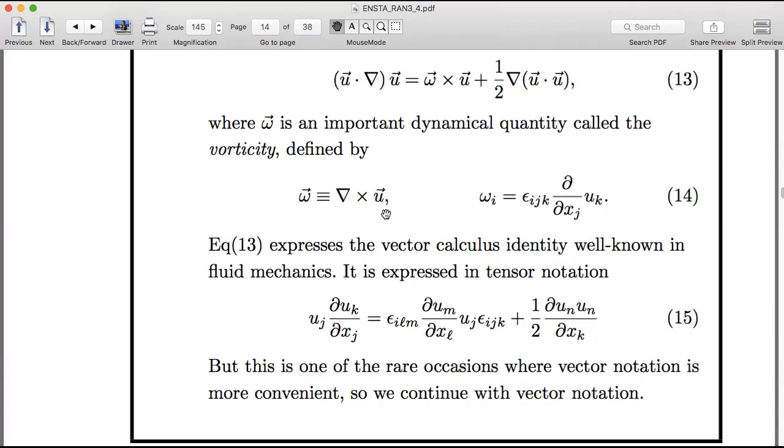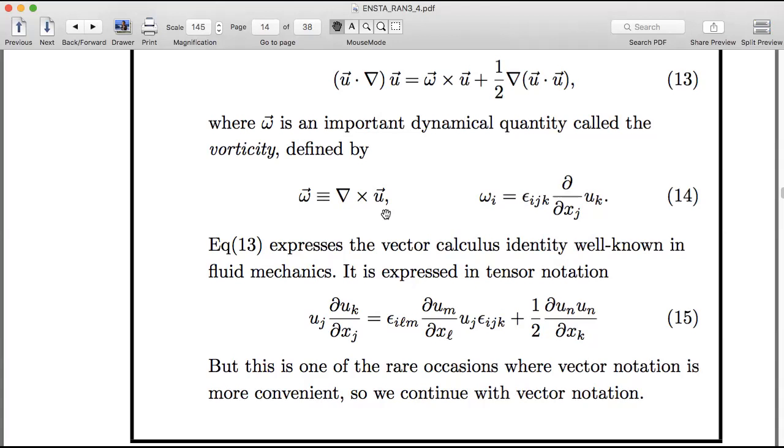And I have to tell you which axis. It's the local axis. So if I want to talk about the vorticity here, it's the rate at which the fluid is spinning about an axis through that point.